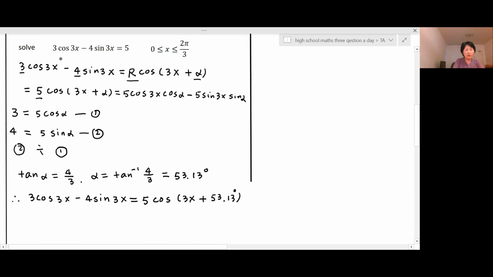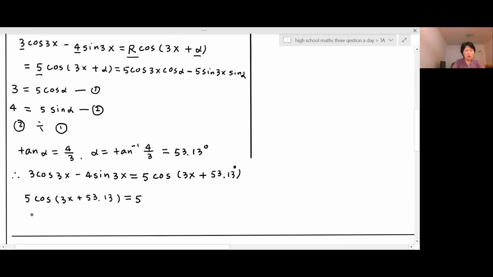Okay, so now solve this equation. 3 cosine 3x minus 4 sine 3x equal to 5. So this means 5 cosine (3x plus 53.13) equals 5, so cosine (3x plus 53.13) equals 1.